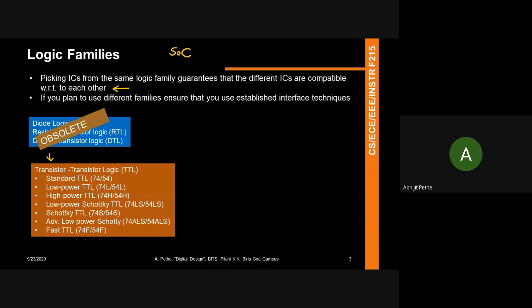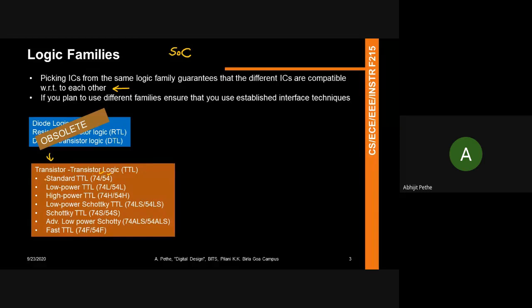So most of our chips in the lab are essentially TTL logic. And how do you identify TTL logic? The chip number begins with either a 74 or a 54, right? So whenever you see chip numbers beginning with 74 or 54, you should assume that it is from the TTL family. And the TTL family is nothing but we use transistors, so the number of resistors is reduced in this circuit.